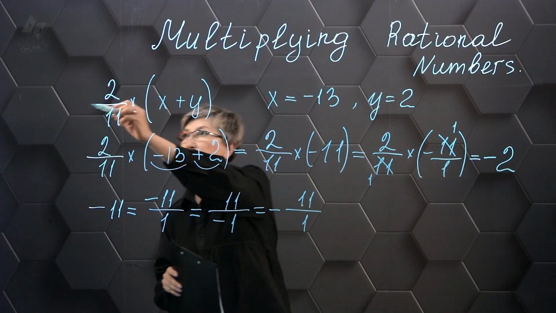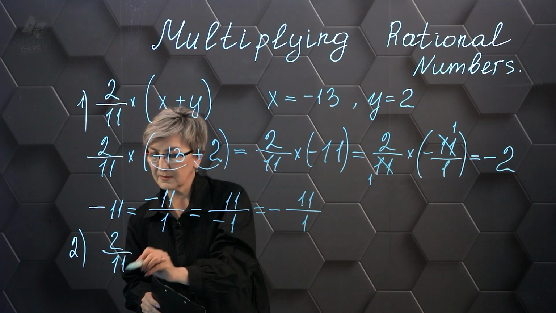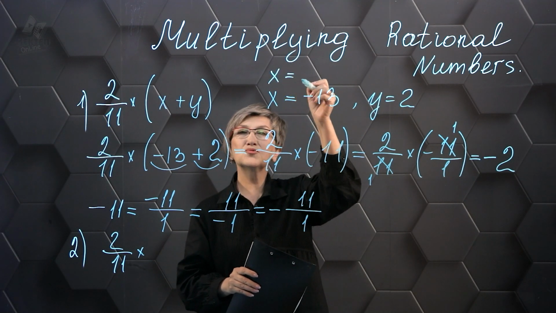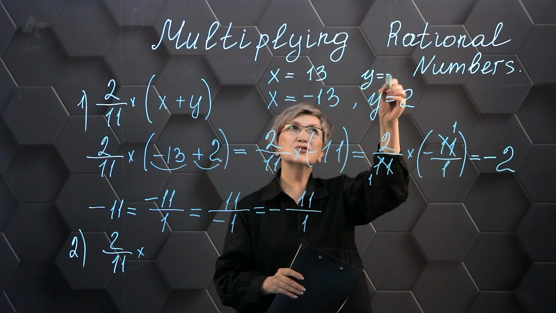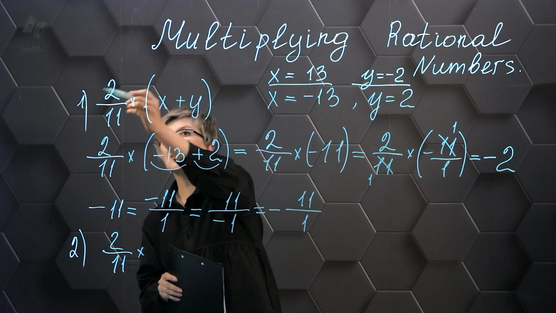And another example, the same example, but instead of x, I'll write the number 13, and instead of y, the number minus 2. And with these values, I will find the value of our expression.